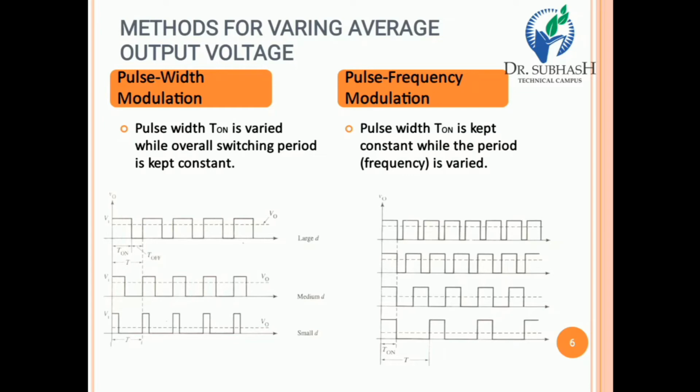First we can discuss pulse width modulation. In the first waveform, we have to find the total time period T, and it is the addition of T1 plus T off, right?